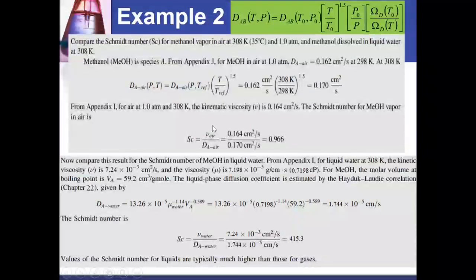Why? Because usually the kinematic viscosity of gas phase is higher than the kinematic viscosity of liquid phase, and the diffusion coefficient in gas phase is higher than the diffusion coefficient in liquid phase. So we get the Schmidt number usually for liquid phase several times higher than the Schmidt number in gas phase.